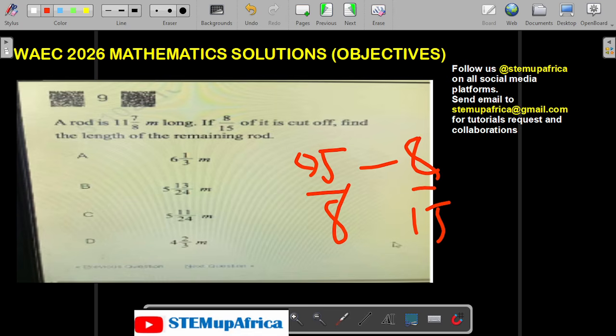So what's the LCM of 8 and 15? 8 times 15 will be our LCM, that is 120. So the LCM is 120. 15 times 95, minus 8 times 8, gives us 68 divided by 120.